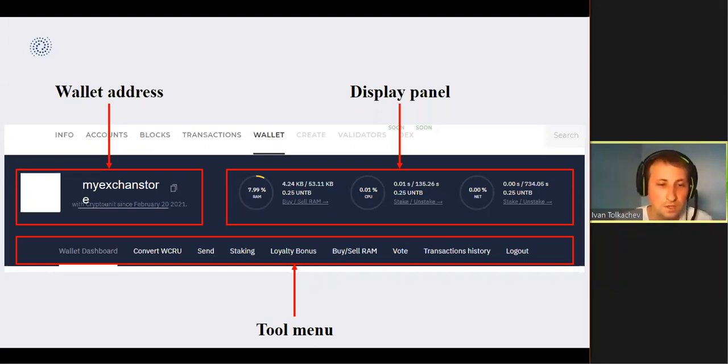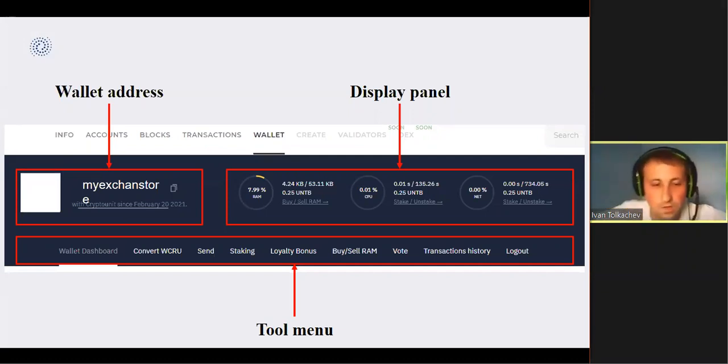At the top in the left-hand corner, you see the address, composed of 12 characters, and you will indicate it if you want to make a peer-to-peer transfer. At the top in the right-hand corner, there is the dashboard with some indicators. And at the bottom, there is the tool menu.